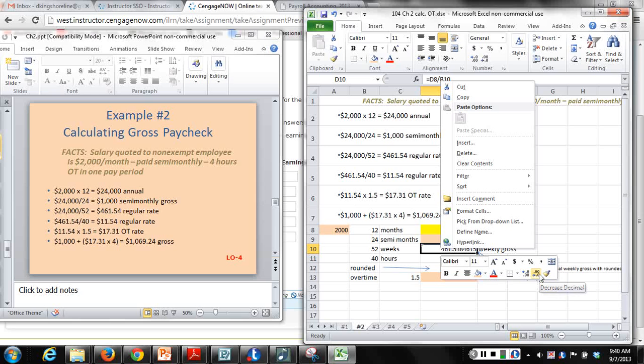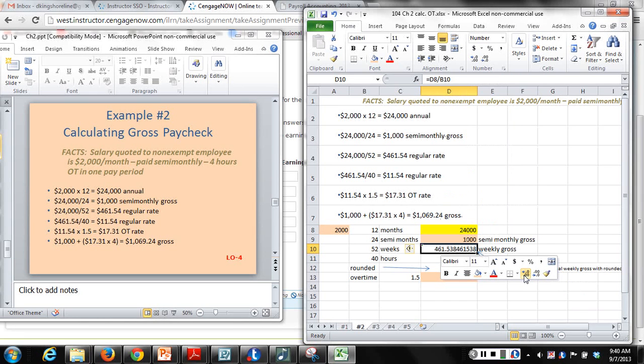And I could go to Excel and say, now show me everything, and I could keep clicking on this increase decimal and see this is a very, very long fraction. We may not even get to the point where it stops having a number in those subsequent decimal places. So very much this was not really mathematically 461.54.